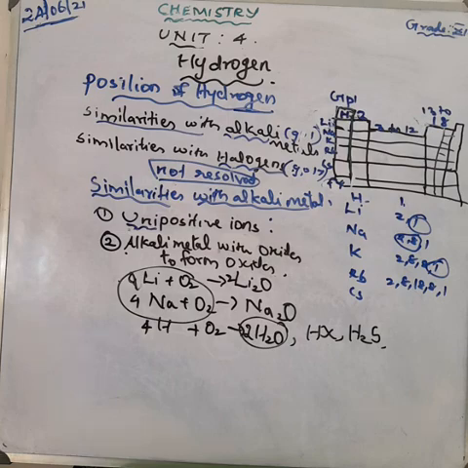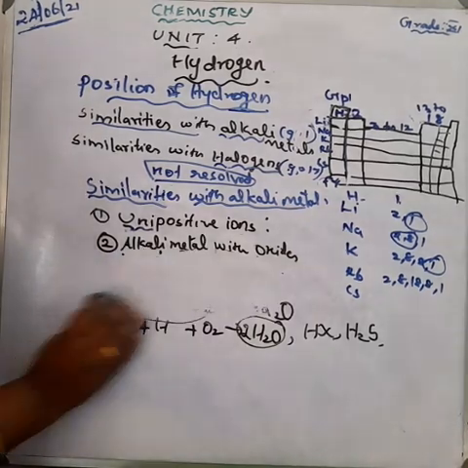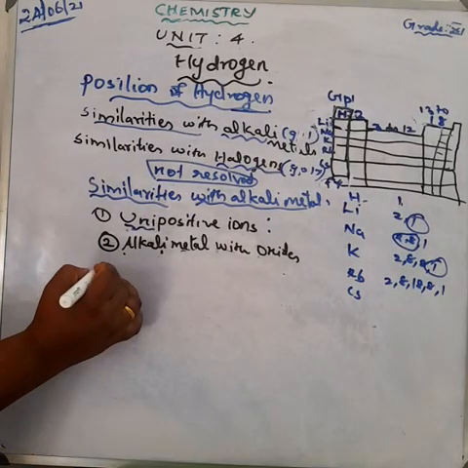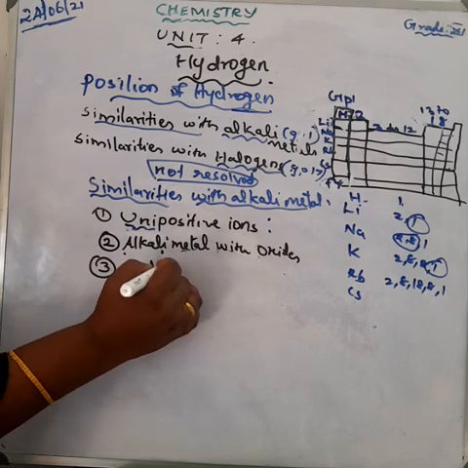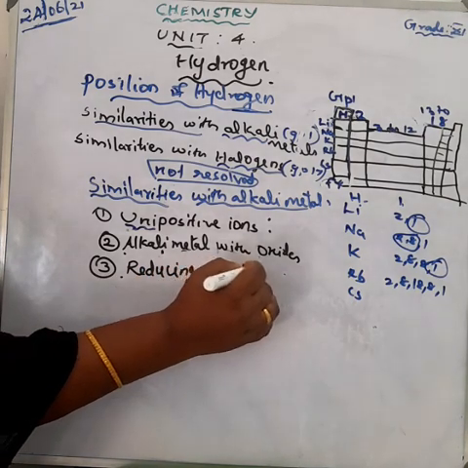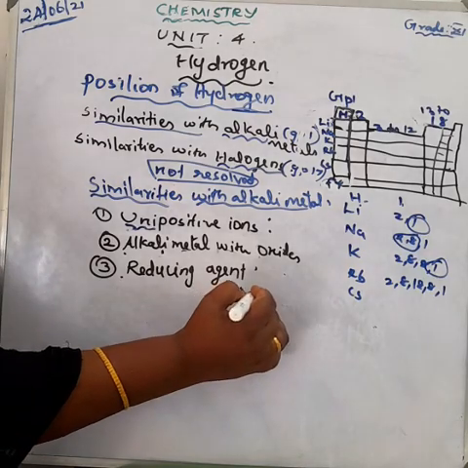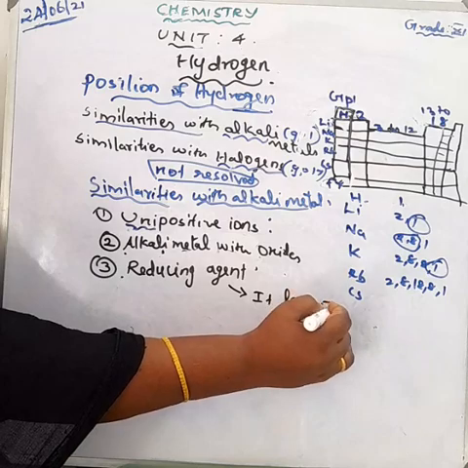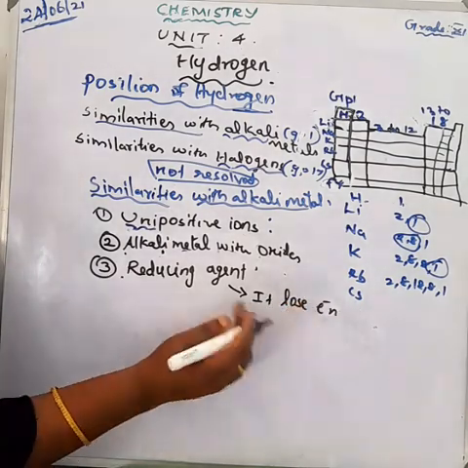And what is the third similarity? Hydrogen also acts as a reducing agent. What do you mean by reducing agent? A reducing agent loses an electron in a redox reaction.